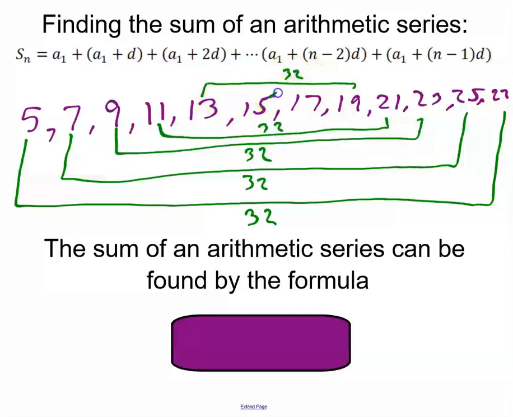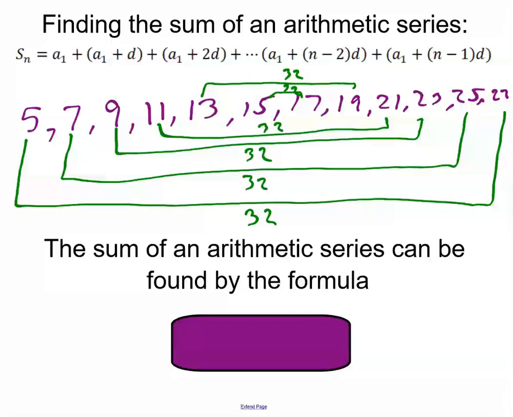Want to take a guess at what 15 plus 17 is? 32. This works with all arithmetic sequences. If you take the first number and the last number and add them together, that would tell you what every pair of this process would be.